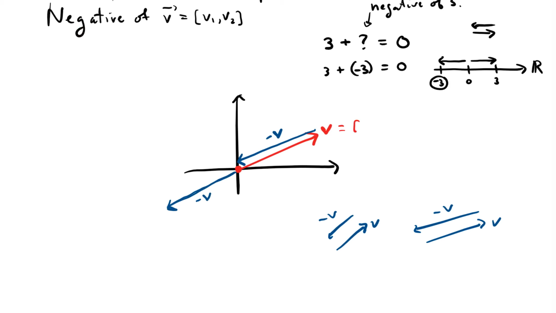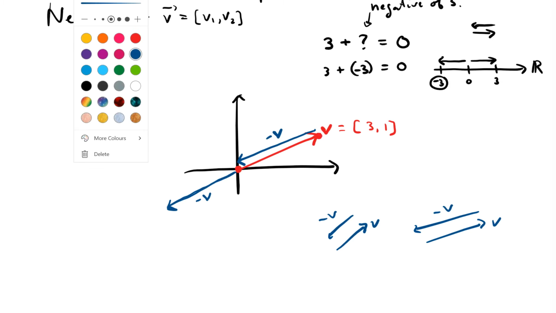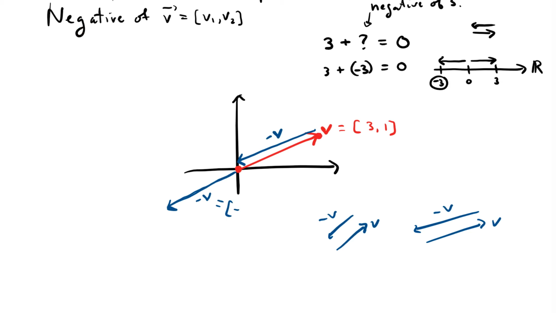Imagine that v has coordinates 3 and 1. What point is opposite to the point 3, 1? That's going to give us the coordinates of minus v. Well, what's the opposite of 3 and 1? It's going to be minus 3, minus 1.